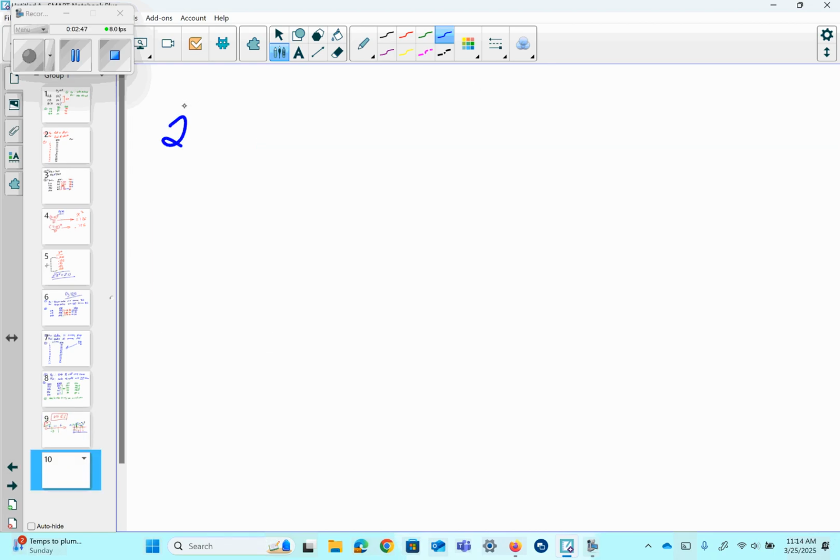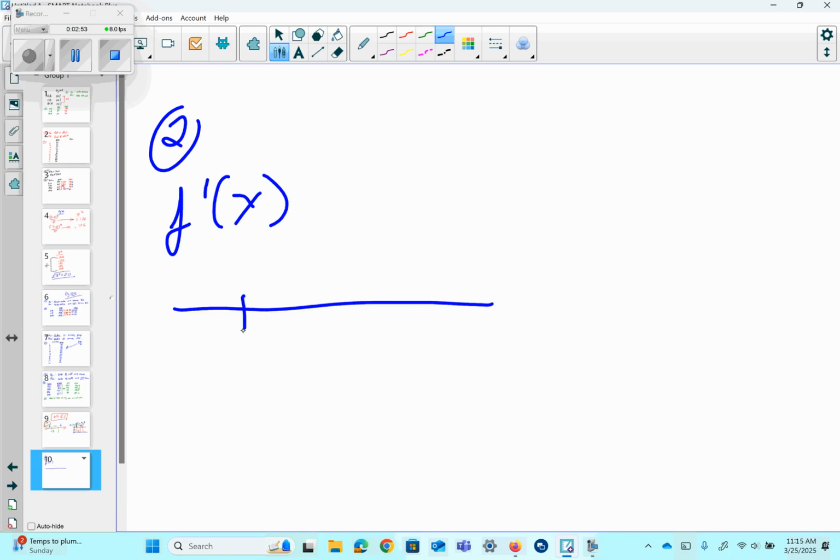Number 2, they gave us the F prime chart. And we have -3, 1, and 4. And so we go negative, negative, and then positive, positive. How many points of inflection would this particular one have? It would have 2. So because you have this is a point of inflection, and there's a point of inflection here.